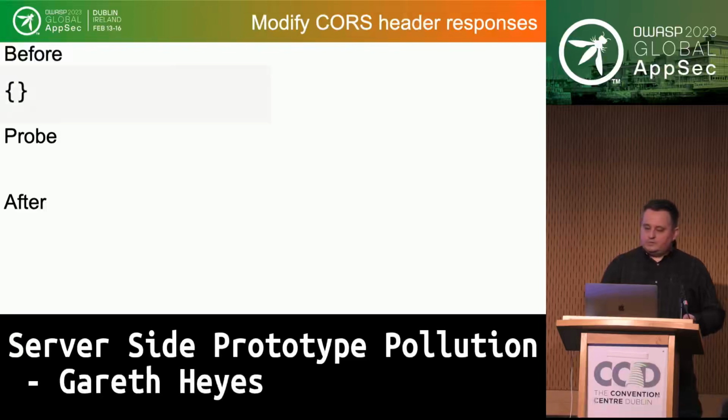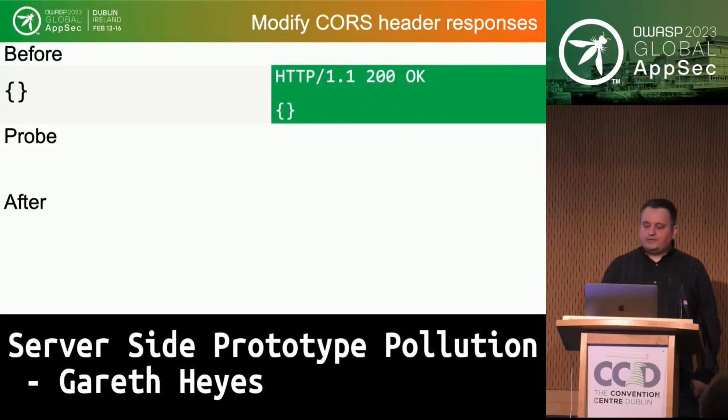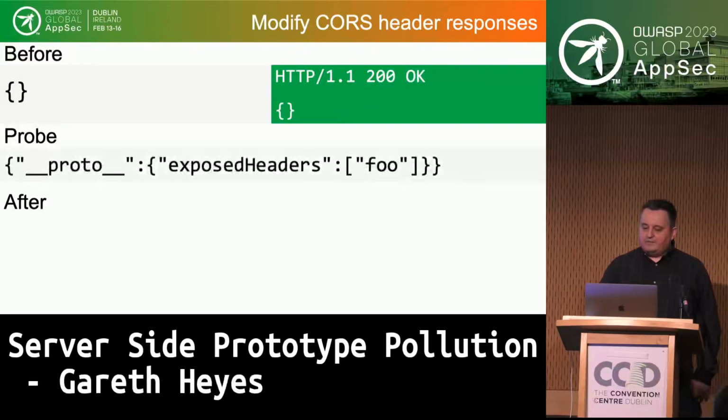So I looked at other modules too, and I thought the cors module would be a good target, as it's commonly used for API endpoints. So any base request will do in this instance. We just need to observe the response, and then we send a probe that changes the exposed headers property in Express.